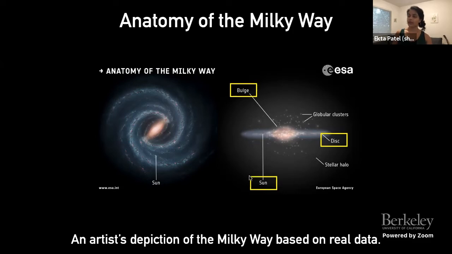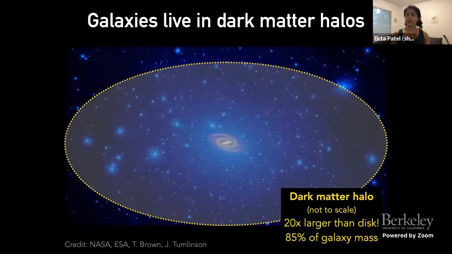There's the bulge, the disk, but one thing that I'm not showing that is very important, and especially in the context of satellite galaxies and how they can be useful in understanding their host galaxies, is the dark matter halo that we think galaxies like our own Milky Way reside within. So to give you a sense of what that looks like, again, in the center, we have a spiral galaxy like the Milky Way, and I very crudely have drawn on a dark matter halo.